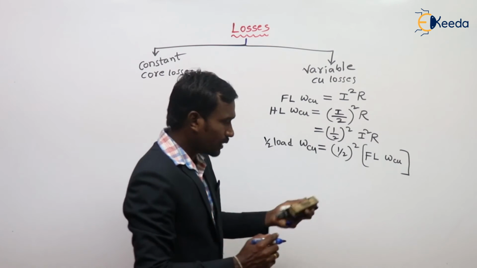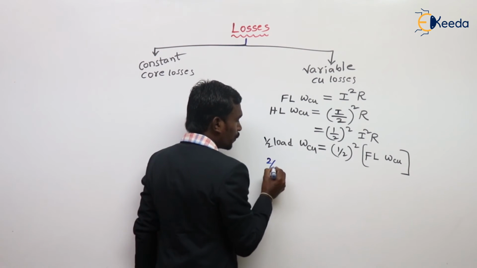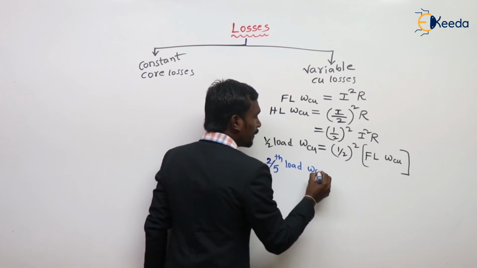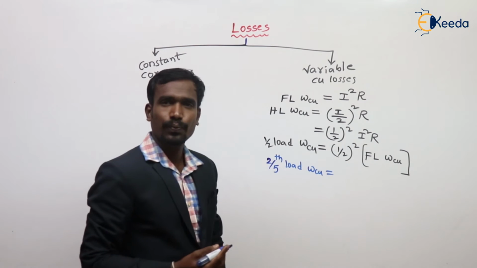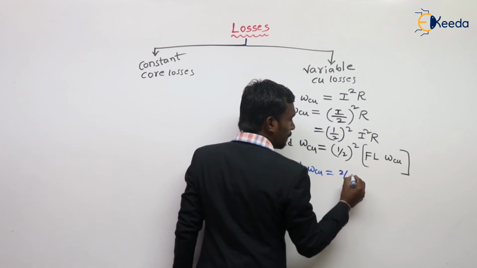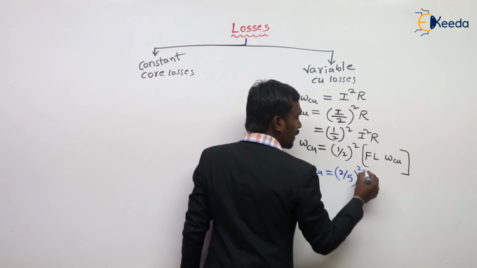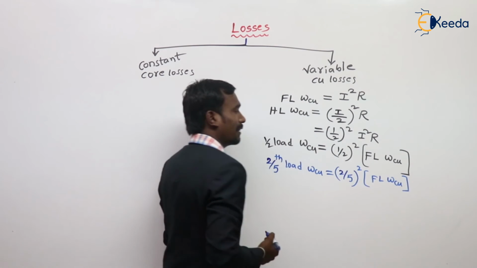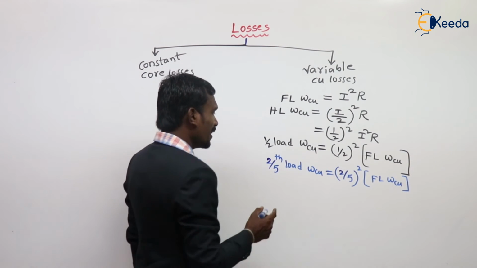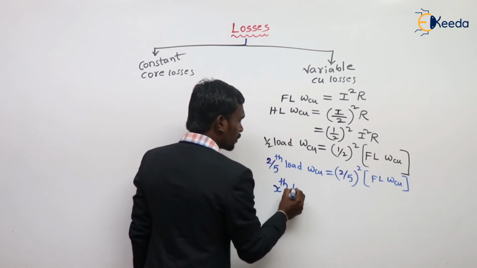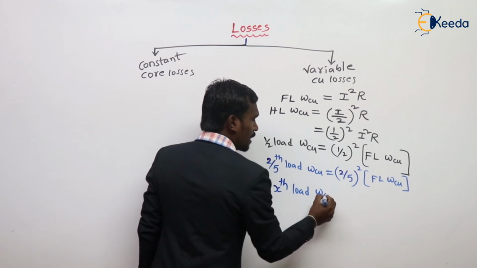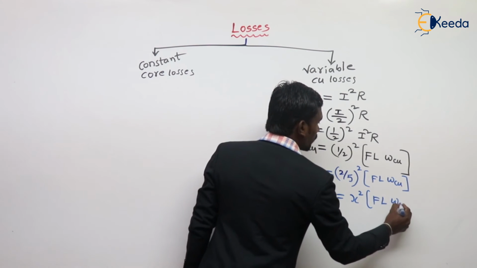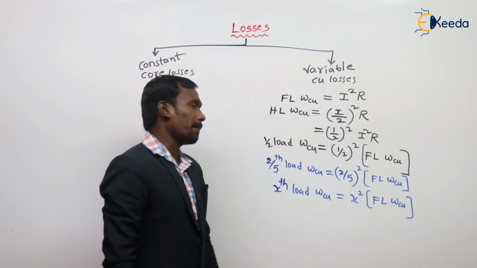If they ask you a question, 2 by 5th load copper losses is equal to 2 by 5 whole square multiplied with the full load copper losses. If they ask you a question, xth load copper losses is equal to x square multiplied with the full load copper losses.